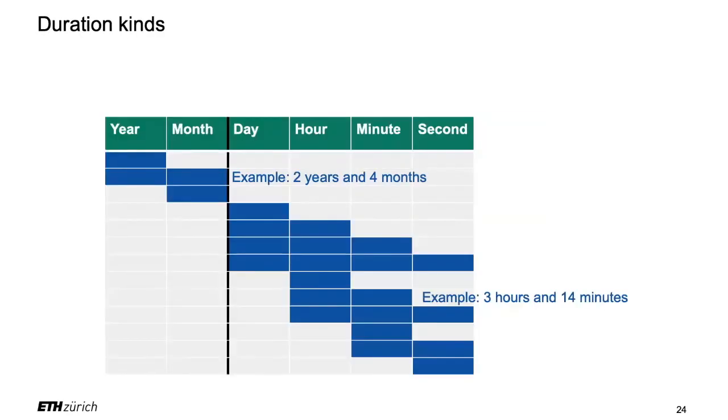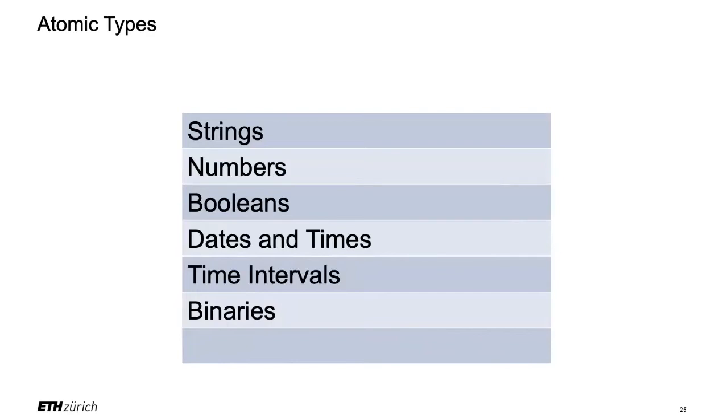What is tricky is when you have months and days. If I tell you 1 month and 2 days, that's ambiguous because a month could have 30 days, 31 days, 28 days. So this is why to be a bit careful when you cross that border between month and day, right? But basically you can define intervals in that way.